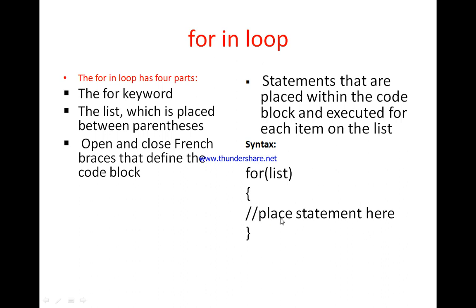This is the body of the loop. So these are the four parts: the for keyword, the list, the opening and closing curly braces, and the statements executed within the code block. I hope you understand this construction of the for in loop.